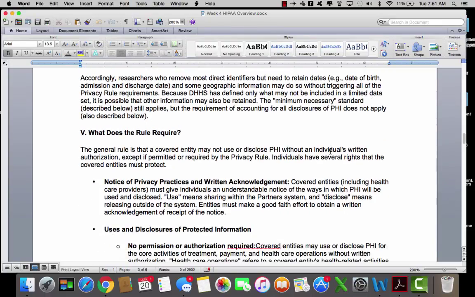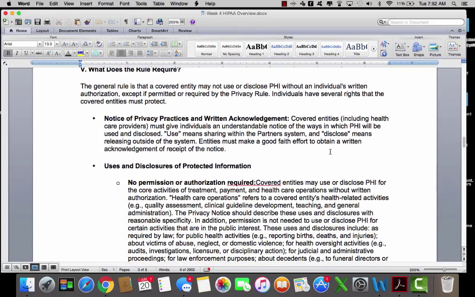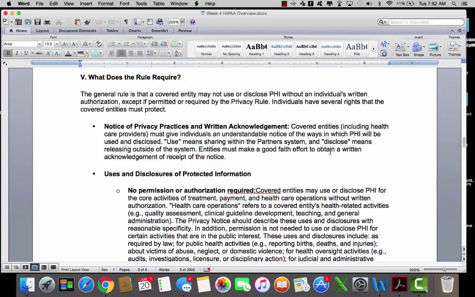So generally, this is a kind of a misnomer in the industry. Generally, a consent is not given for the use of information. What happens when you come into the practice or you come into a hospital, you'll sign what's called the Notice of Privacy Practices. So when I go into the hospital or a practice for the first time, I'll be given a Notice of Privacy Practices, which is an indication of how they will use that information. And then I will sign off on that.